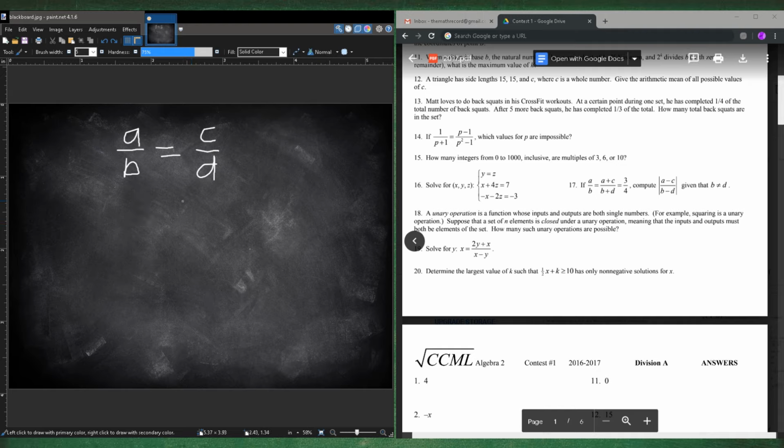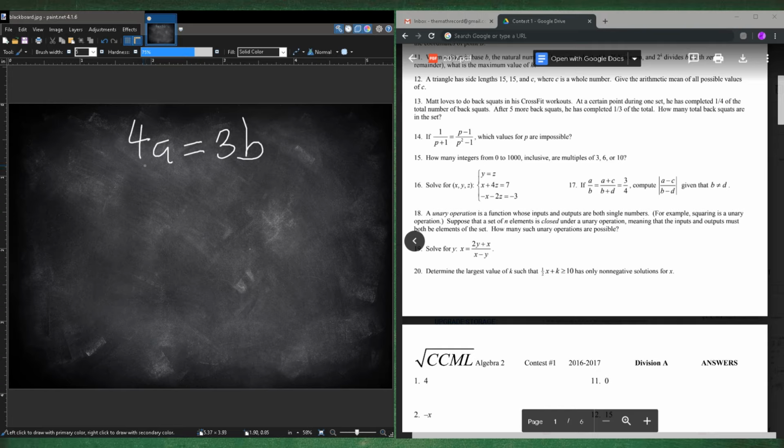Okay. That means A minus C over B minus D. Actually, let's just do it another way. So A divided by B is equal to 3/4. So that's 4A is equal to 3B.